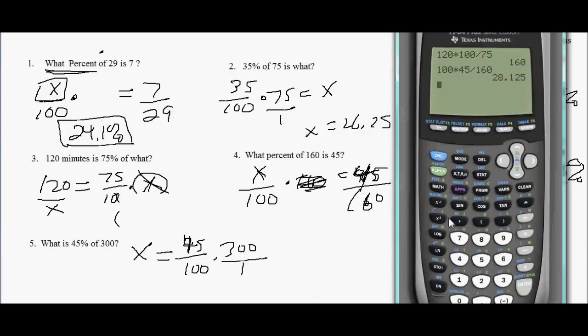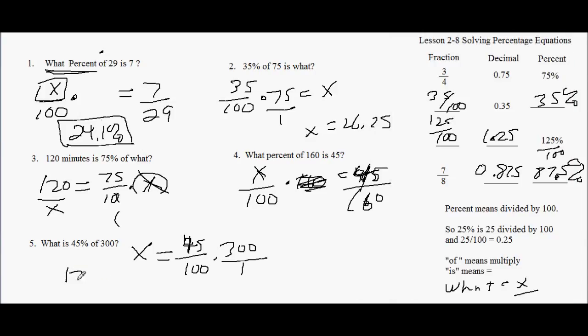So I go 45 times 300. And you know, I could make 45 divided by 100 multiplied by 300 divided by 100. And I get 135.